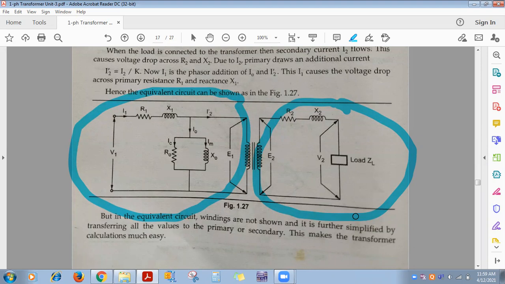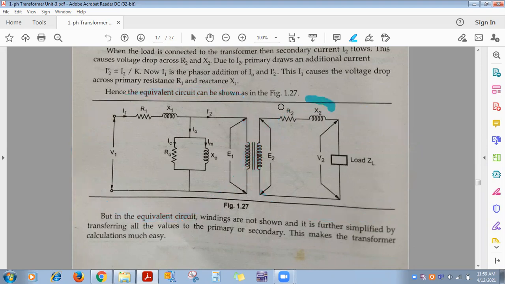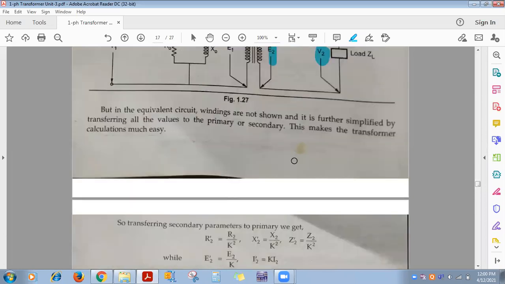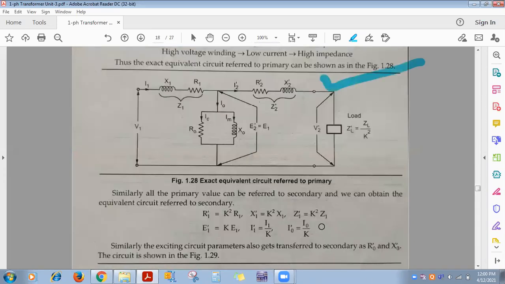You can transmit these parameters, means R2, X2, V2, E2 also you can transmit. All these parameters you can transmit from secondary to primary, and then with reference to primary you can do the calculations, and the reverse thing also you can do.